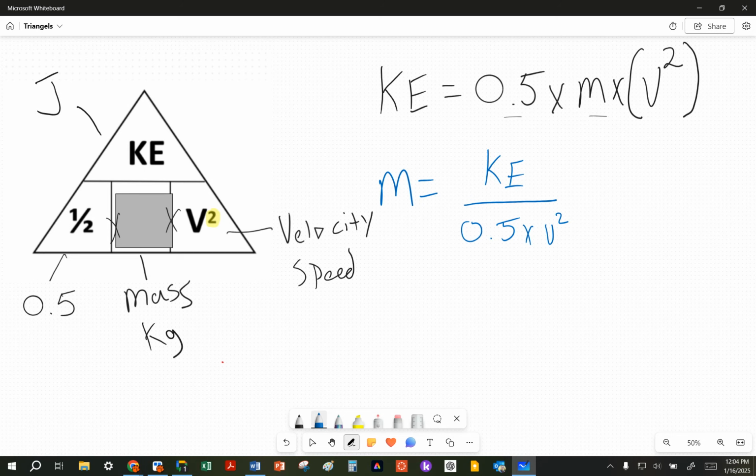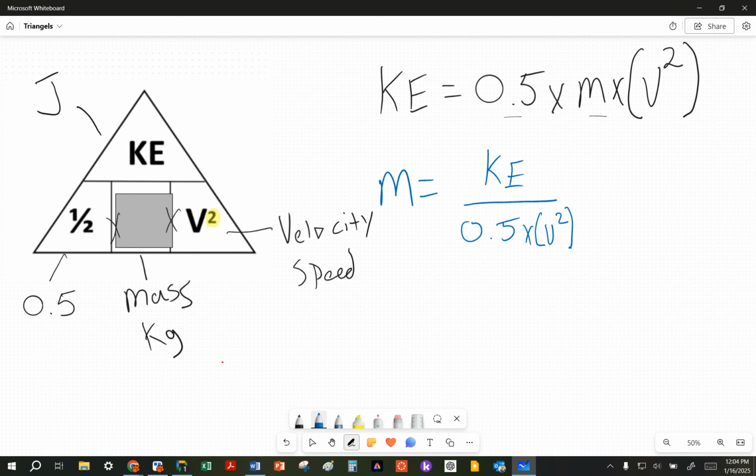So order of operations matters again. Please be careful to do this first, then multiply that number by 0.5 to get your answer. Then divide that by kinetic energy. So this, again, order of operations matters. A lot of times I see students get the wrong answer when they set it up correctly.